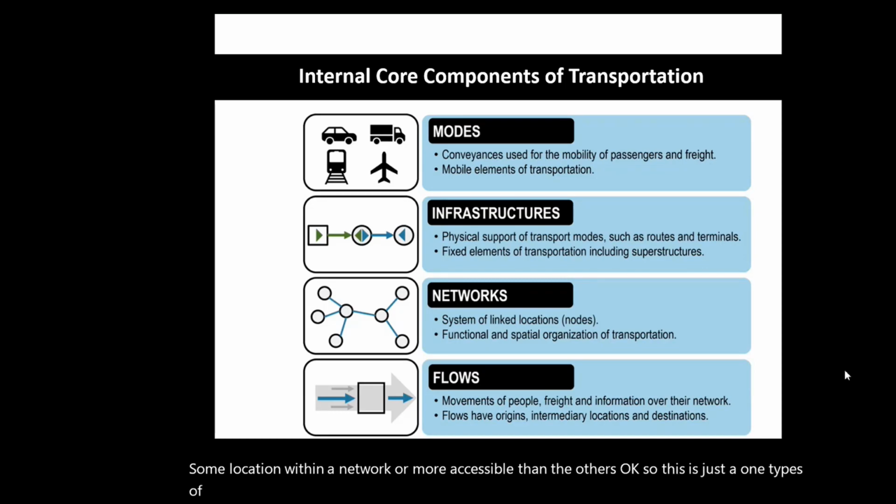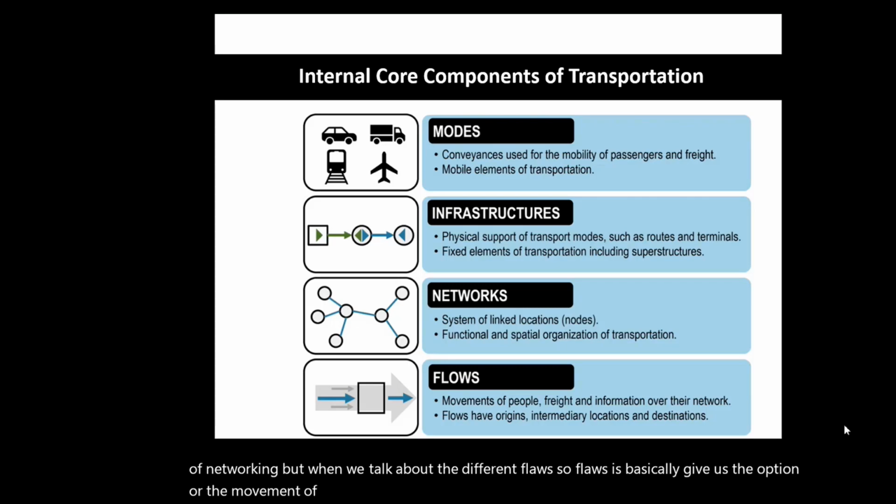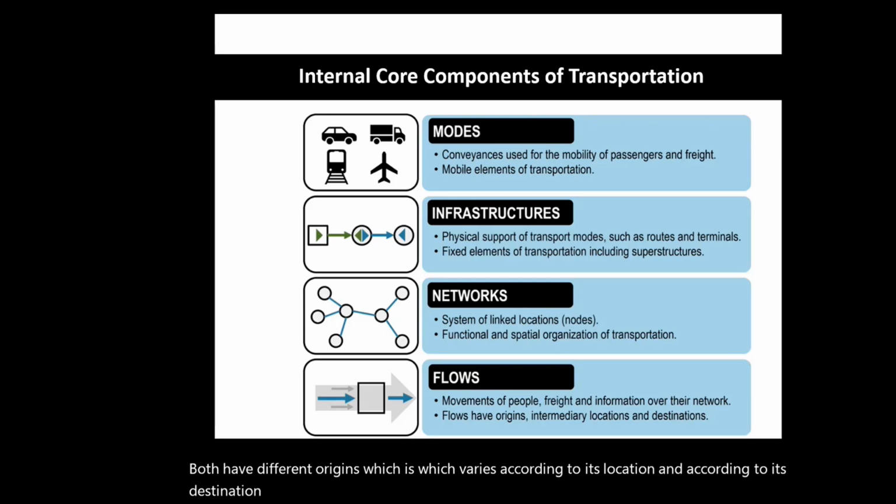When we talk about flows, flows give us the movement of people, freight and information across their respective networks to their desired locations. Flows have different origins, which vary according to location and destination.